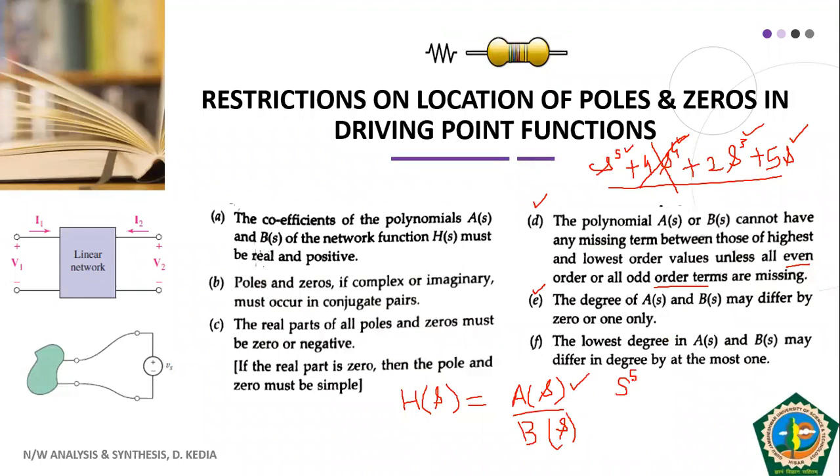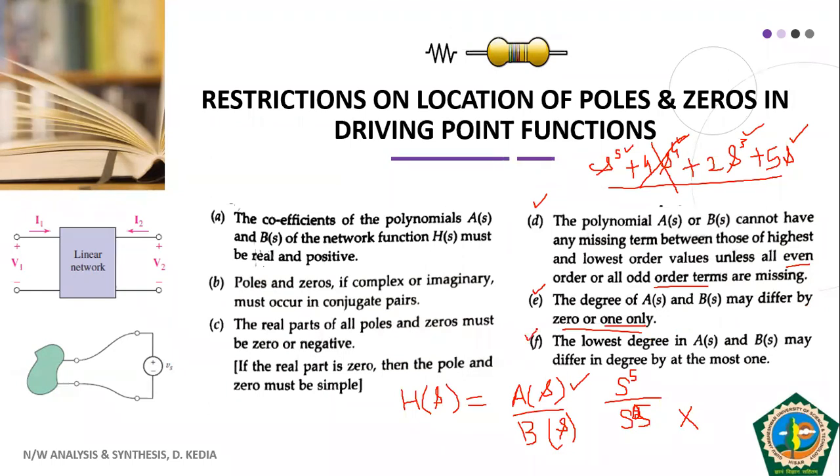Degree is the highest power of the polynomial in s. Say if it is starting with 5, so its degree is 5. Similarly, say the lower polynomial is starting with s raised to power 4, for example. If this is the case, this thing is allowed. If the denominator would have started from s square, this thing is not allowed. Or it could have been same. So either same or at the maximum difference of 1 only. That is condition number 5.